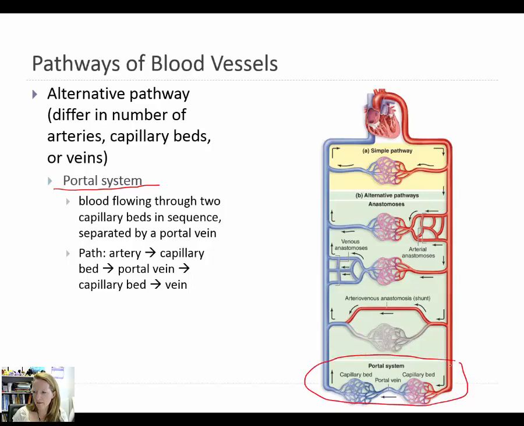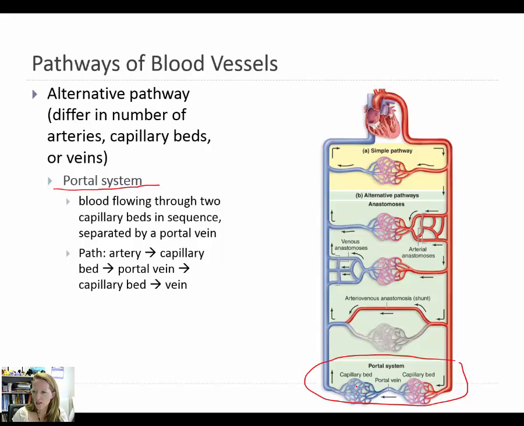So you still have the arterial, and it goes in and conducts blood to this first capillary bed, and then it shuttles into a portal vein. This portal vein is basically a connection between two capillary beds.